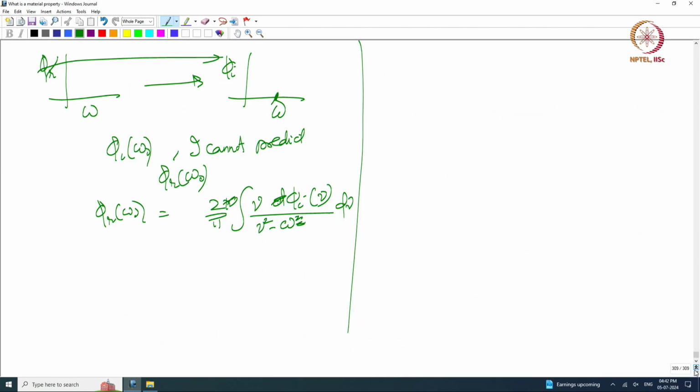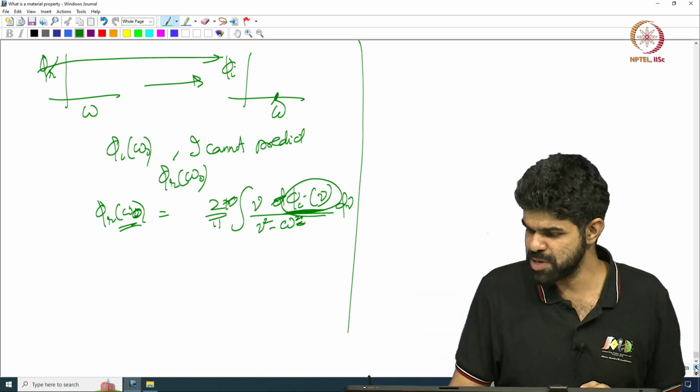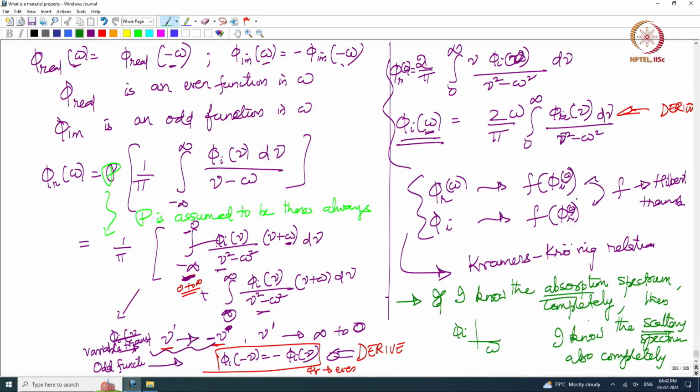So, for me to know phi r at omega naught, I should know phi I at all the frequencies. I should have the complete information about absorption. If I have complete information about absorption, I have complete information about scattering, and vice versa. Complete information means the entire spectral information.